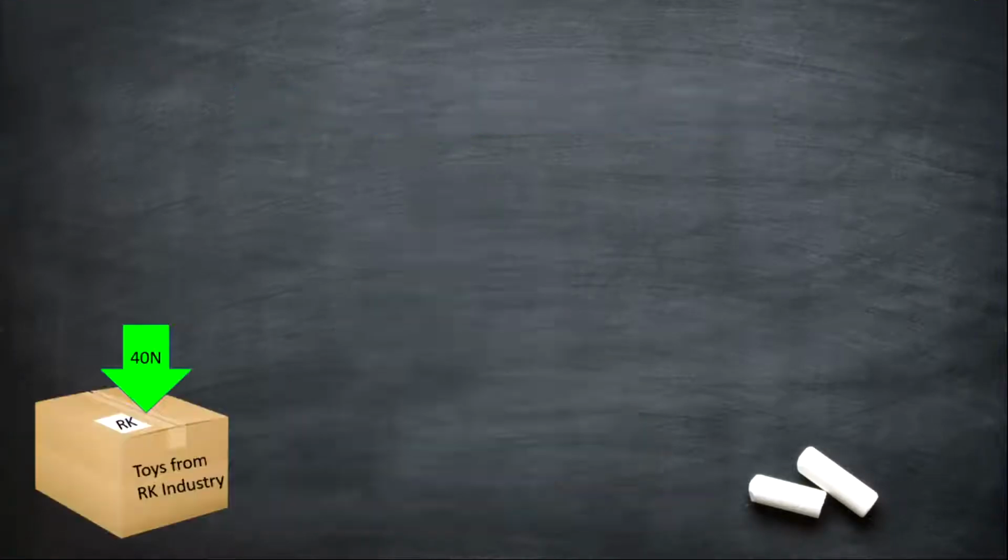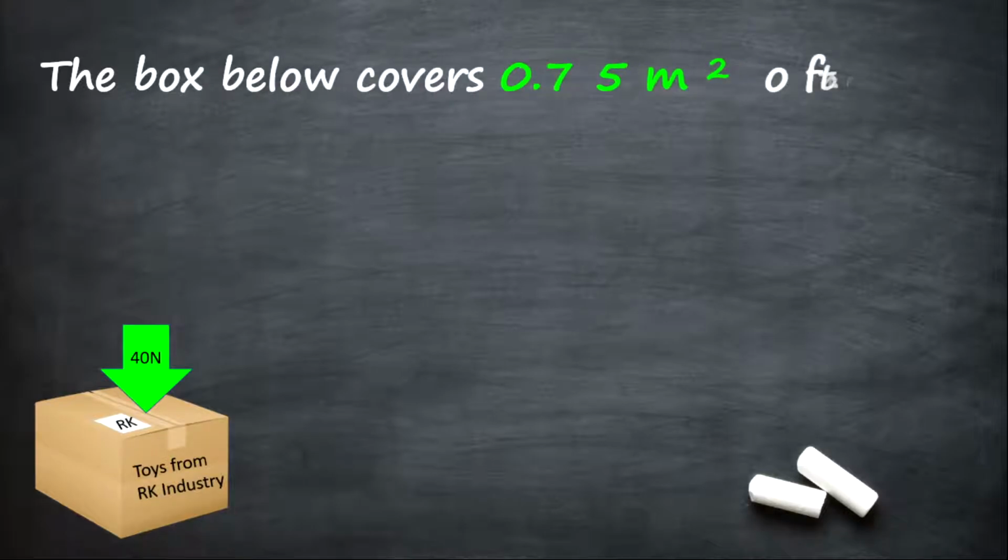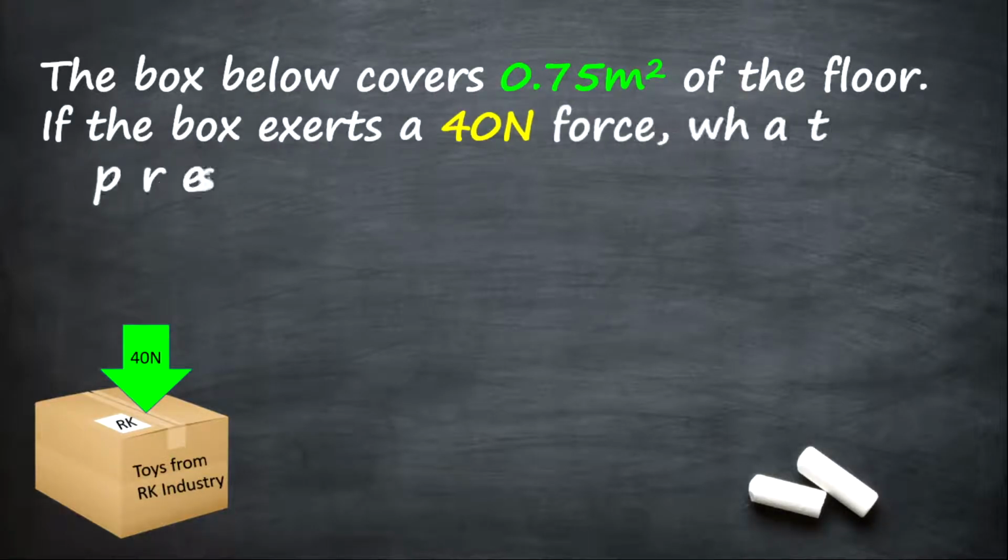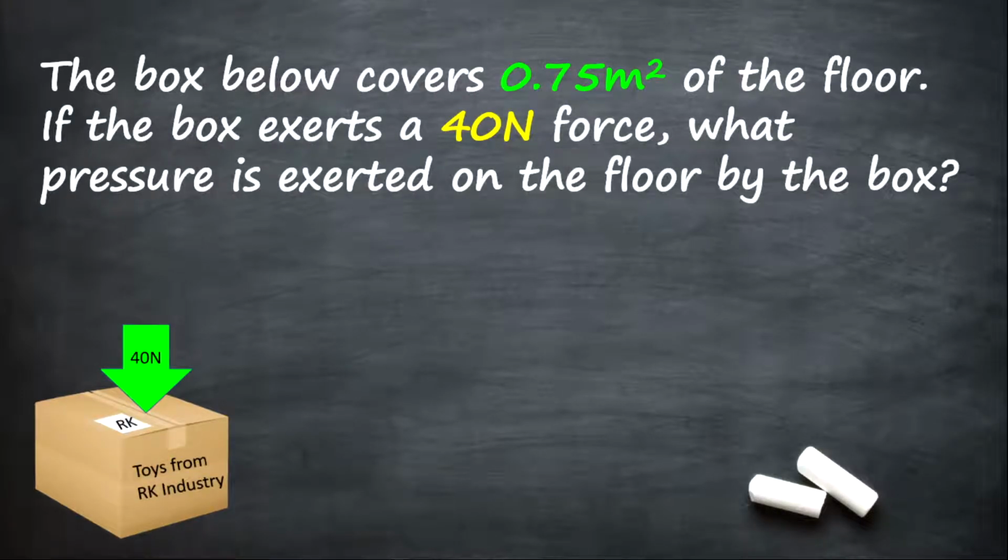Now let's jump into our first question. This question states that the box below covers 0.75 meters square of the floor. If the box exerts a 40 Newton force, what pressure is exerted on the floor by the box? Now remember that pressure is equal to force over area.